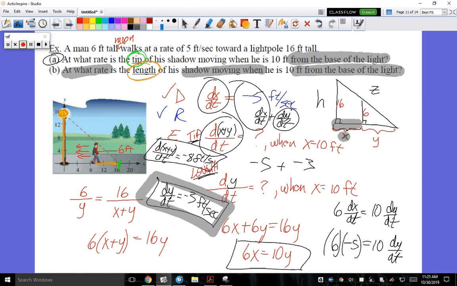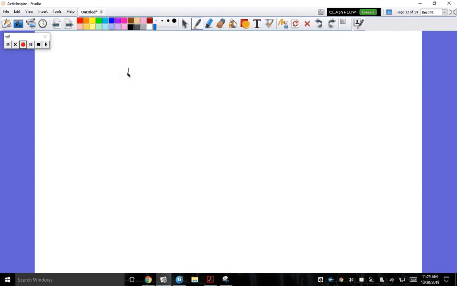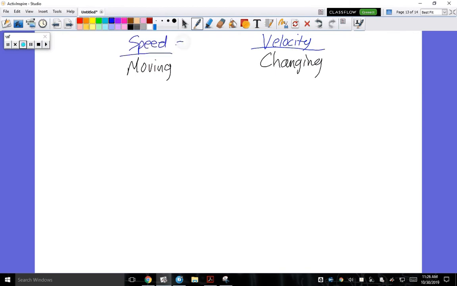Moving and changing are different. Changing is like velocity. Moving is like speed, because speed is the absolute value of velocity.